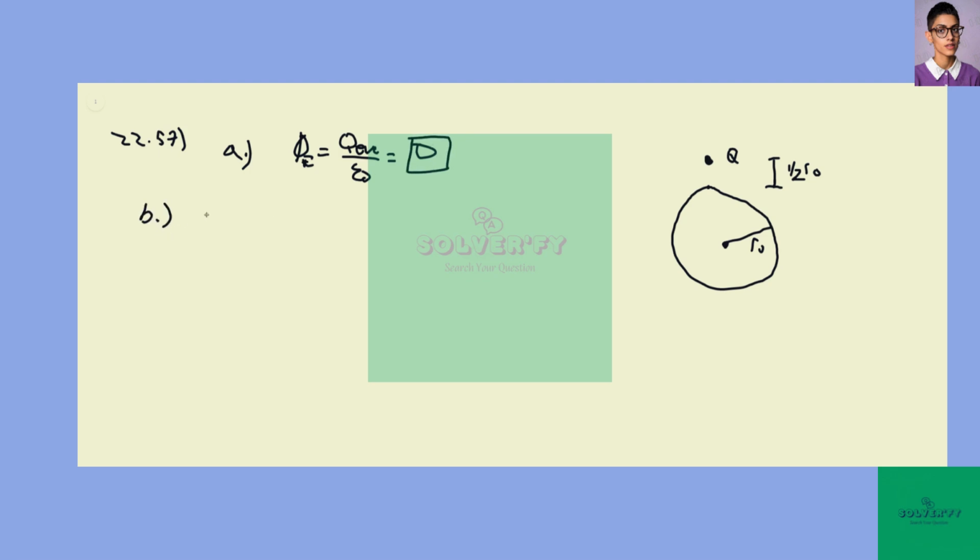Part B, what range of values does E have at the surface of the sphere? So the maximum electric field will be at the point on the sphere closest to Q, which is obviously at the very top of the sphere.